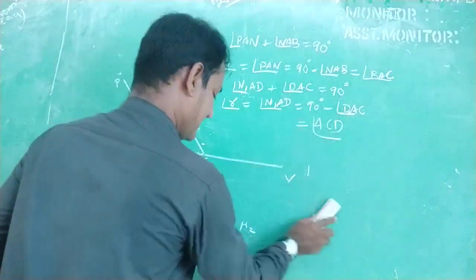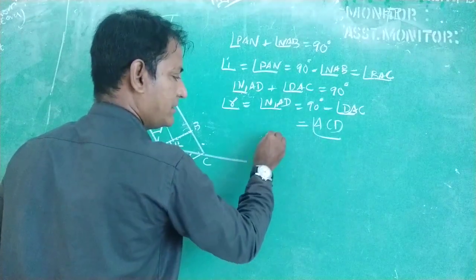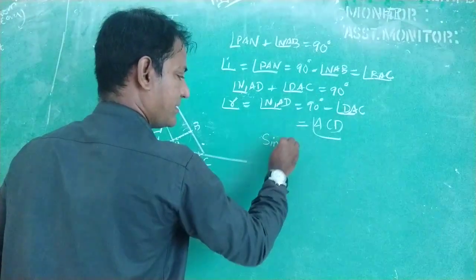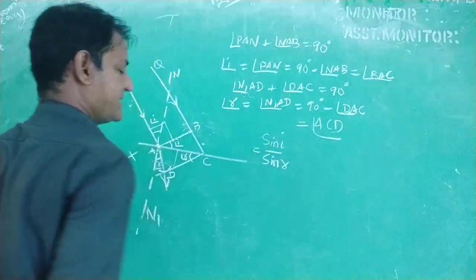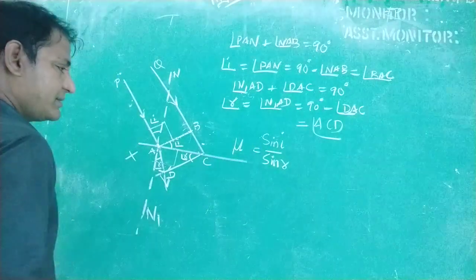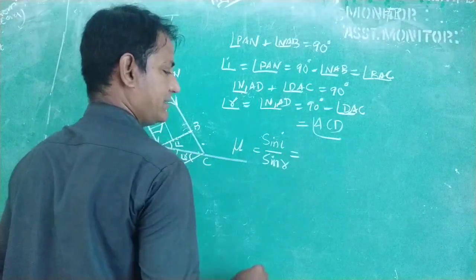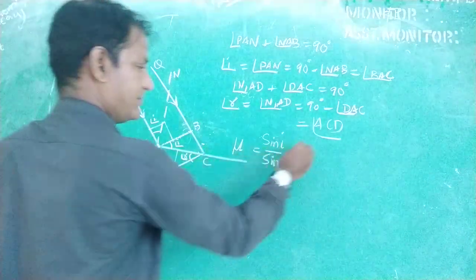Now using Snell's law, we know that sin I by sin R is equal to mu. Now sin I is nothing but BC by AC.